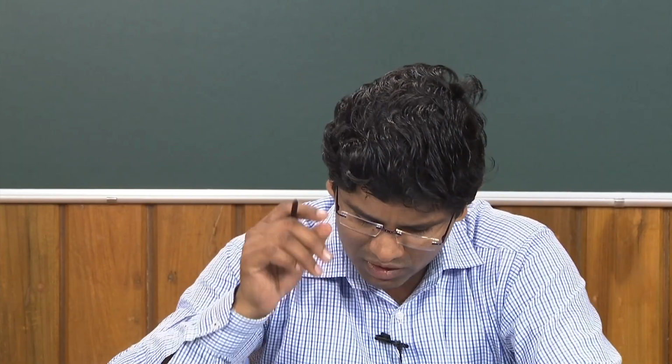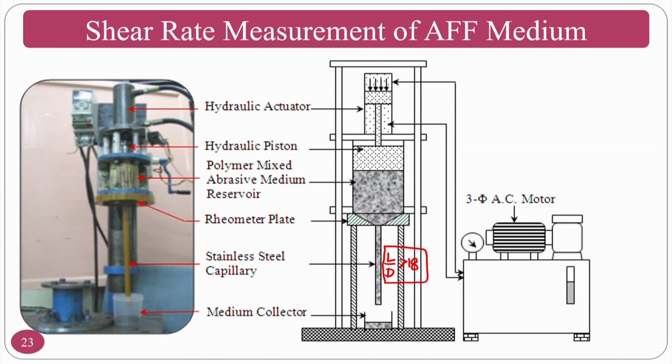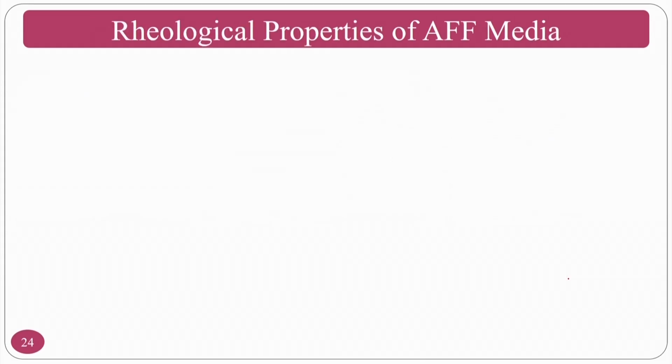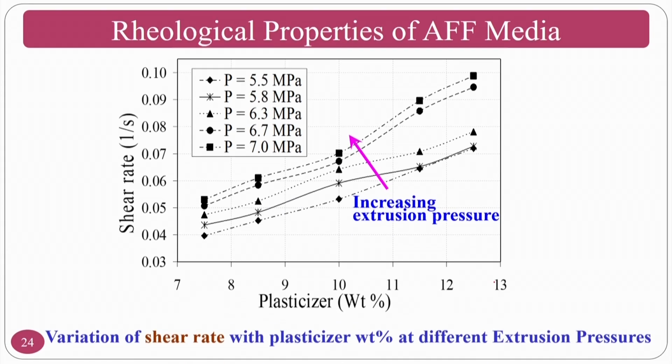For that purpose, what we have done is we have placed the medium in a top medium cylinder and we have put a capillary to it and we have applied the extrusion pressure that normally we apply in the abrasive flow finishing process, so that we can collect the material and the shear rate can be calculated by measuring the flow rate, as we know the radius of the capillary and other things. From here we can calculate the shear rates.